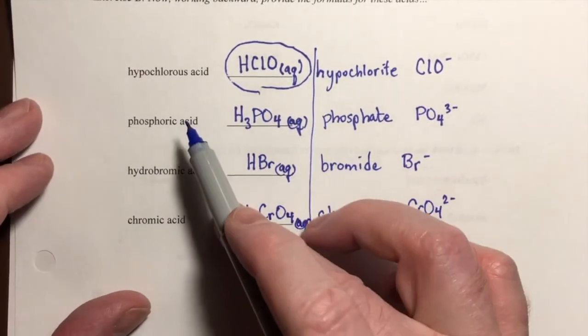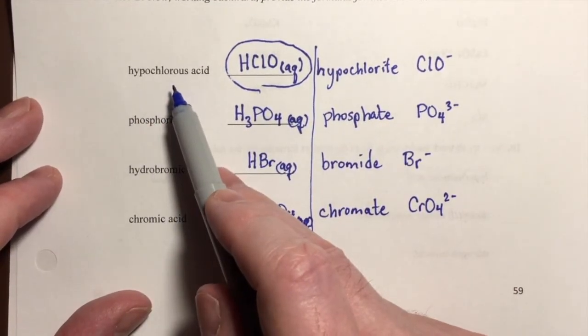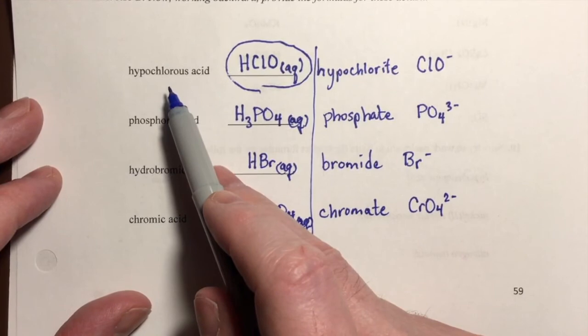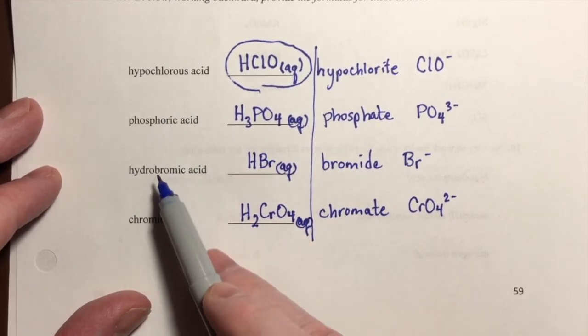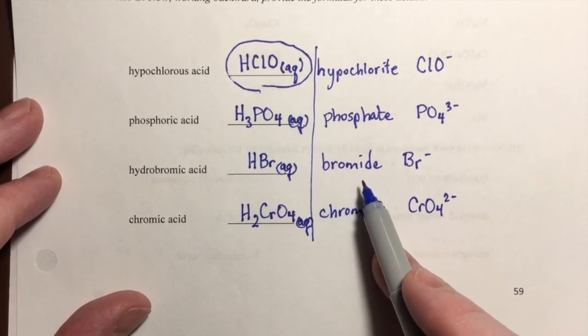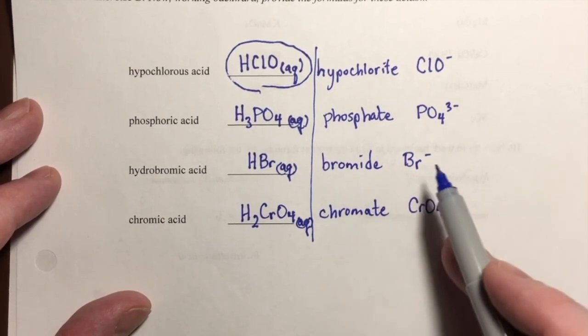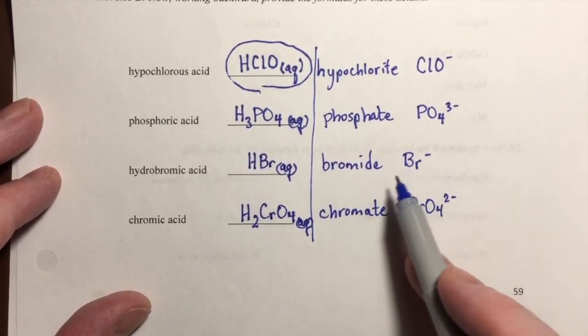So when you're given the name and you need to work backward, look at the name and determine which rule, 1, 2, or 3, was used to generate the name. Then write the name of the anion that must have been used to generate that acid name. Then write the formula for the anion.